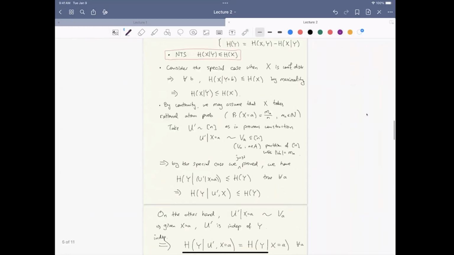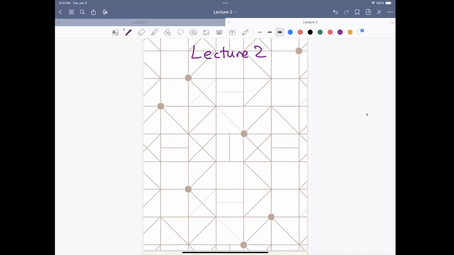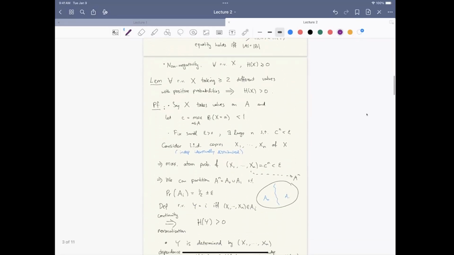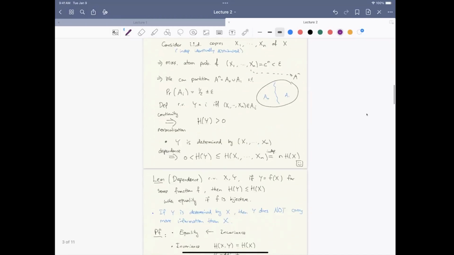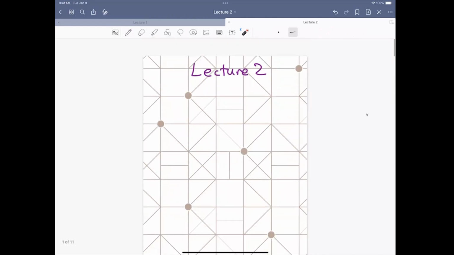So let's summarize it. Today, we talk about dependence. Dependence says if a random variable is determined by another, then it does not offer more information than the other. So, the dependence property.